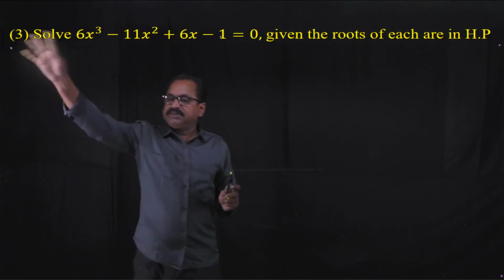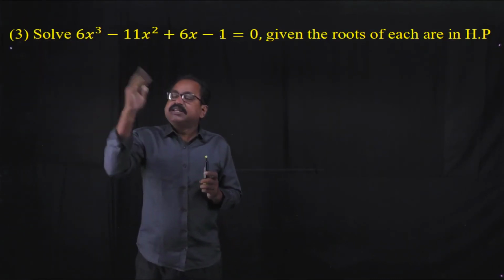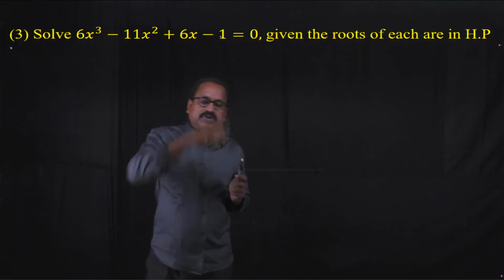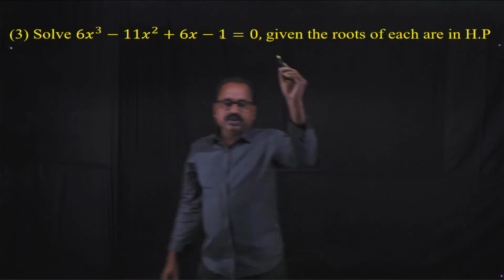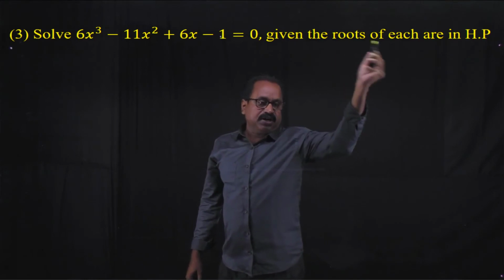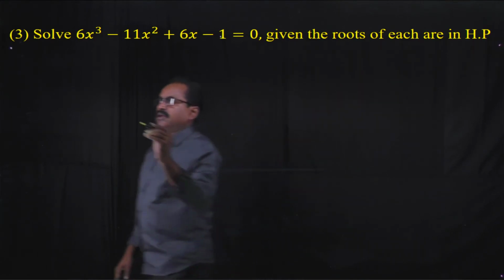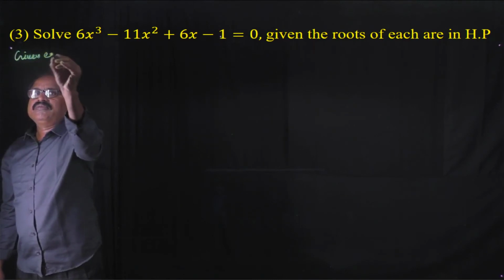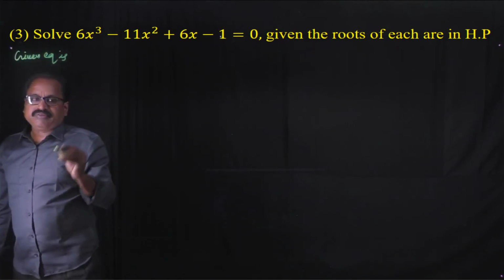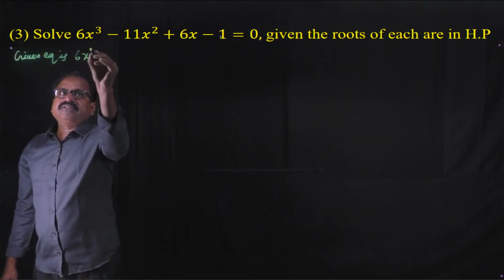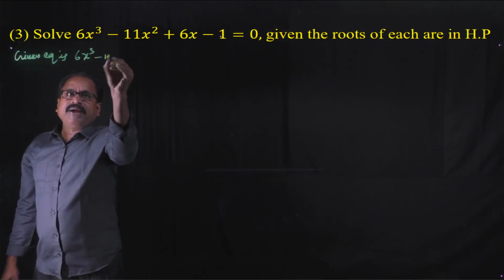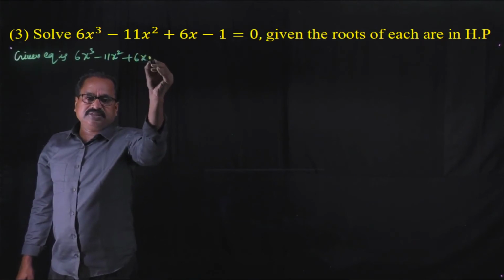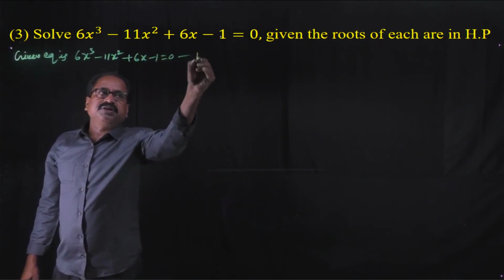Now question number 3, solve 6x cube minus 11x square plus 6x minus 1 is equal to 0, given that the roots of each are in AP. So given equation is 6x cube minus 11x square plus 6x minus 1 is equal to 0.